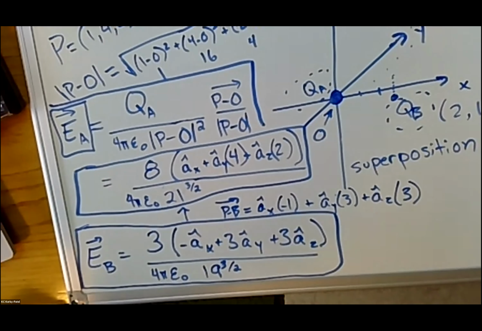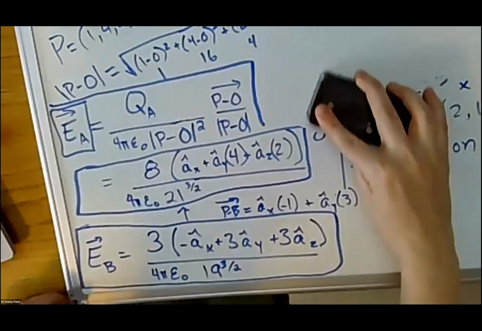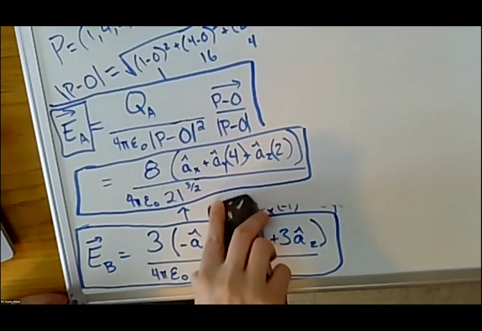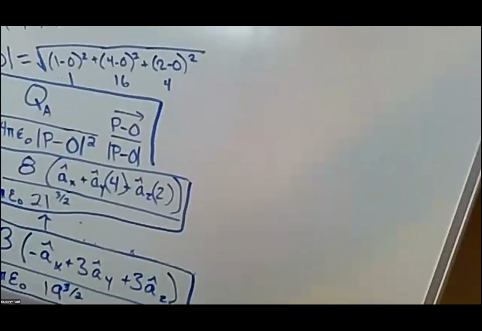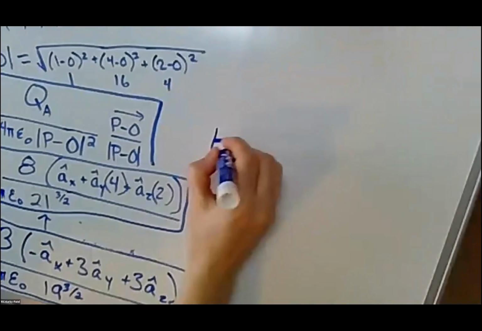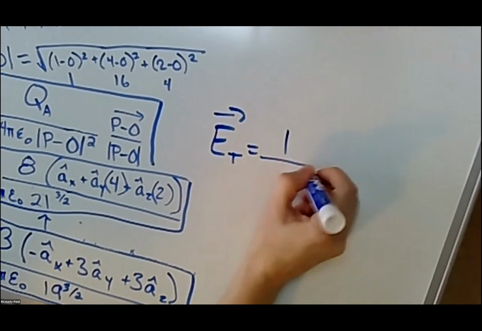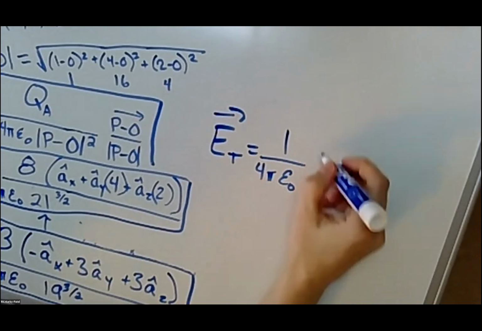None of these numbers are nice, so that makes it kind of a pain. But the way that I'm going to do that is I'm going to simplify it and then just write down the individual vector components in this way, and that will be fine. So over here, I'm going to write that the total electric field, which we like to write as ET, is going to be 1 over 4 pi epsilon naught times.